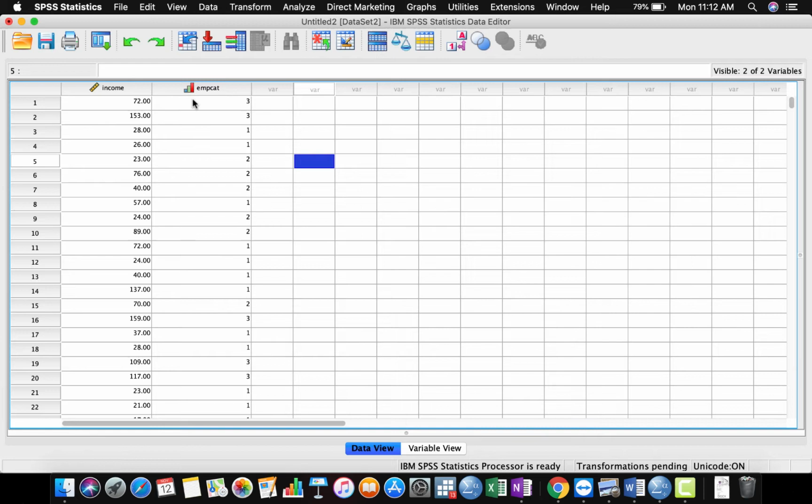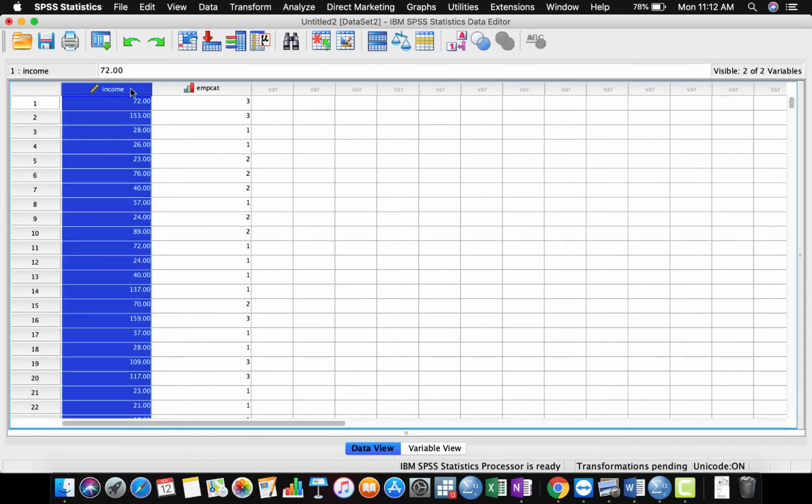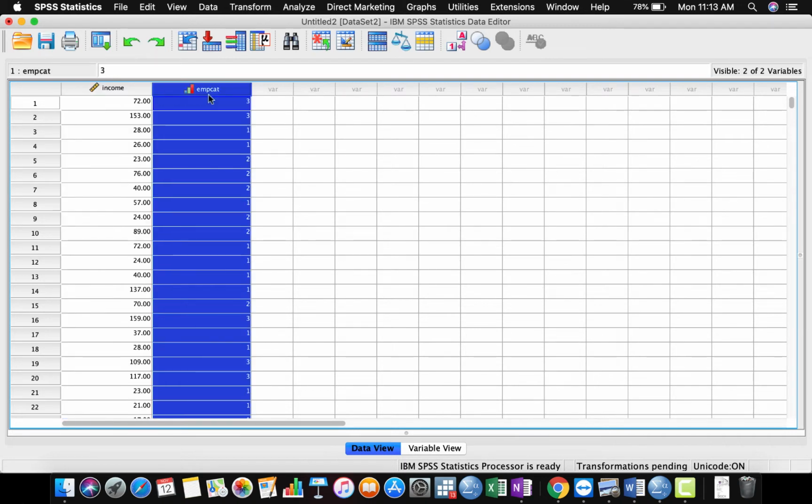First, there are some assumptions you need to fulfill for one-way ANOVA. First, make sure the dependent variable is numerical. Second, the independent variable is categorical with more than two levels.